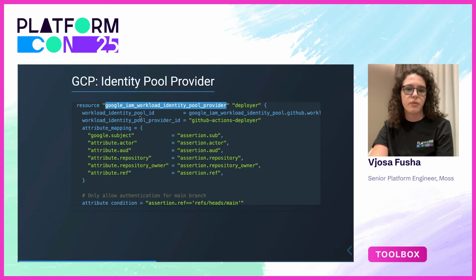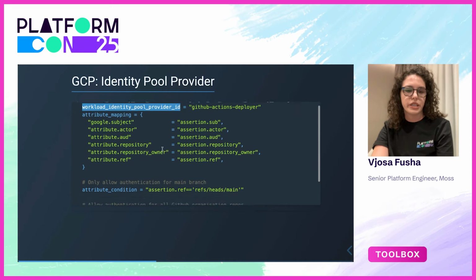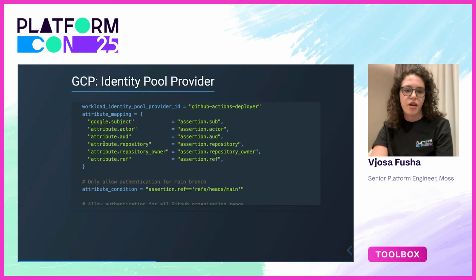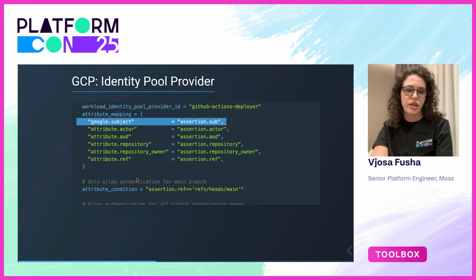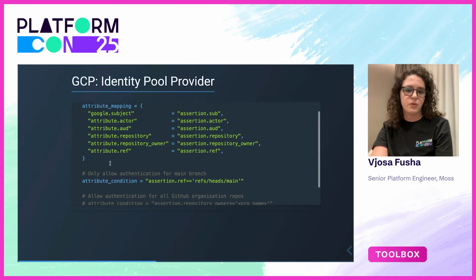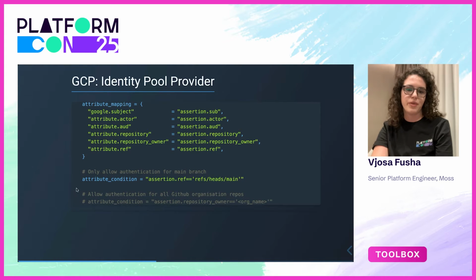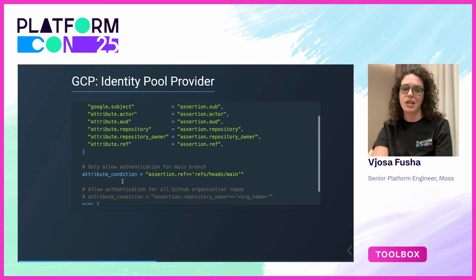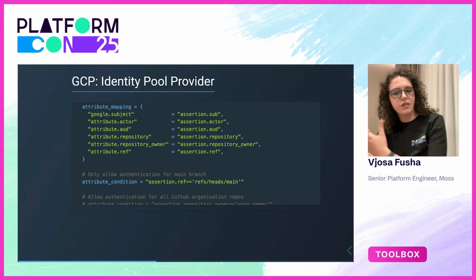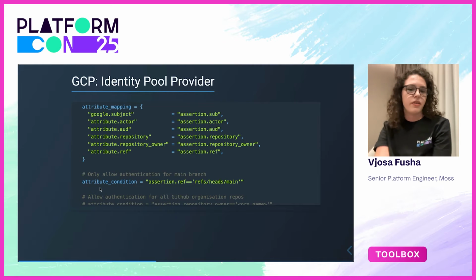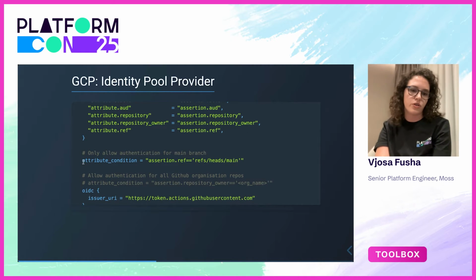Here we need the pool ID, the pool provider ID, and some attribute mapping. To know more on details for these, I'll share the link in the end. These are all optional. This one is required. Then we're only going to use certain ones of these based on this attribute condition here. Once we define these attributes, we can set certain conditions on those.